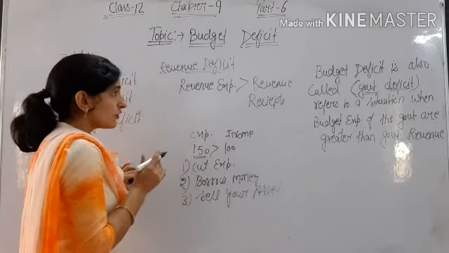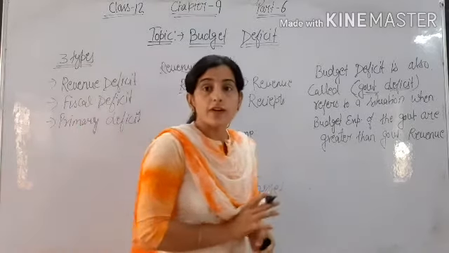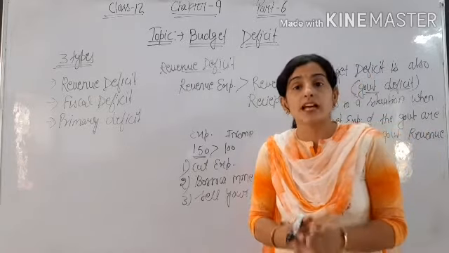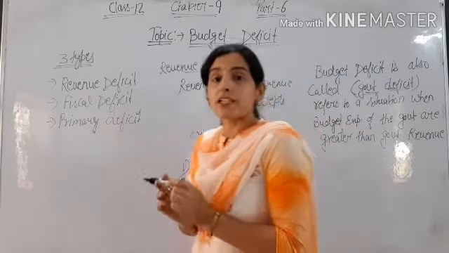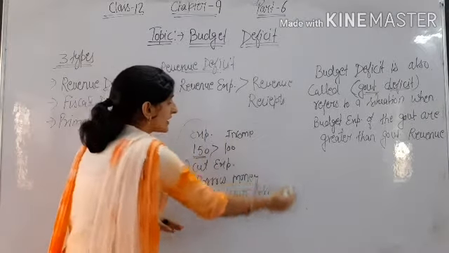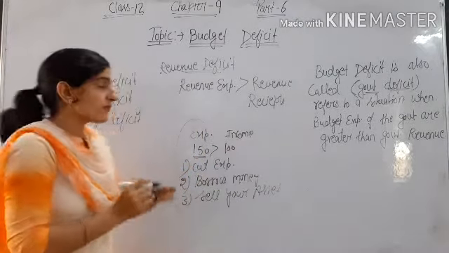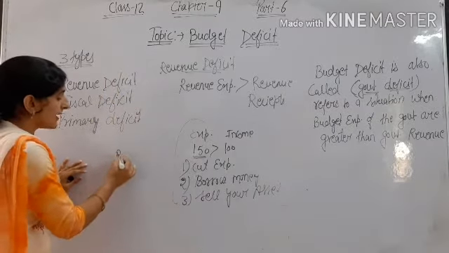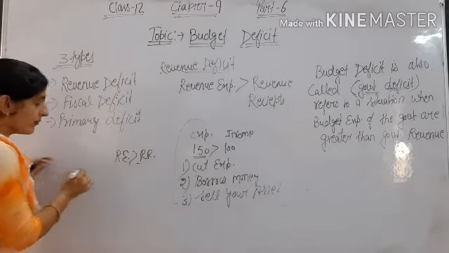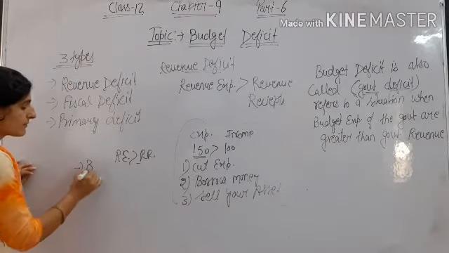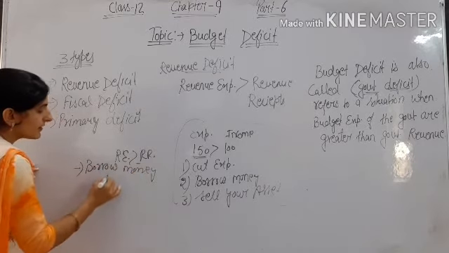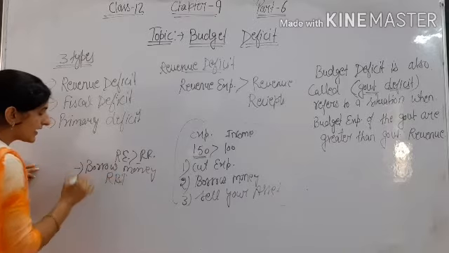So what does the government do? When government revenue expenditure is more than revenue receipts, the government also does things in the same manner as we do. The government borrows money from RBI or from the public.